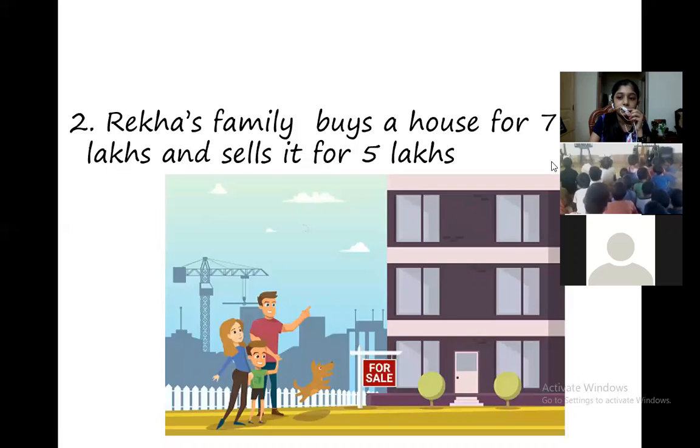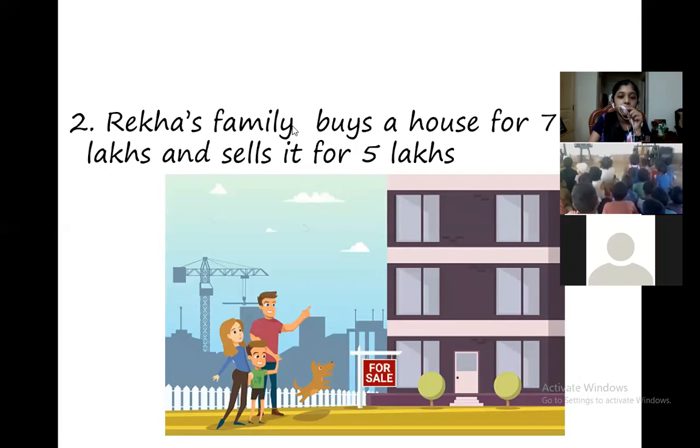answer. Rekha's family buys a house for 7 lakhs and sells it for 5 lakhs. So which is the profit and loss? So 7 lakhs is the cost price and 5 lakhs is the selling price.